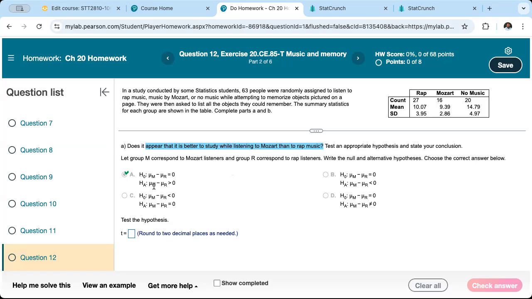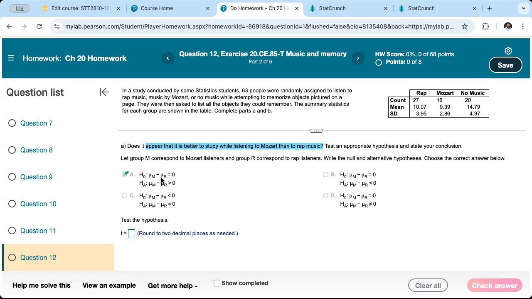So when we look at this one here, we can take our sample 1 to be the Mozart music and sample 2 to be the rap music. I'm saying that because of the hypothesis here. Is that okay? So you should just be very careful. It's still a two-mean test because we are focusing on rap music and Mozart.